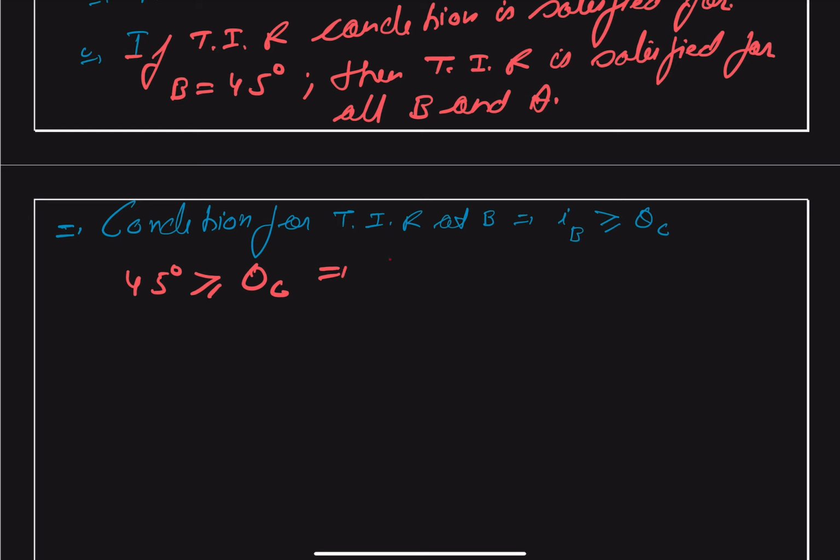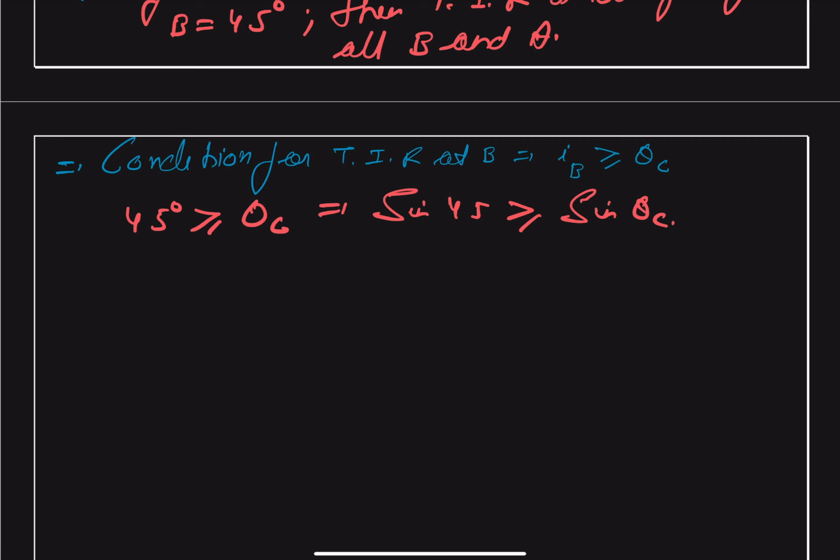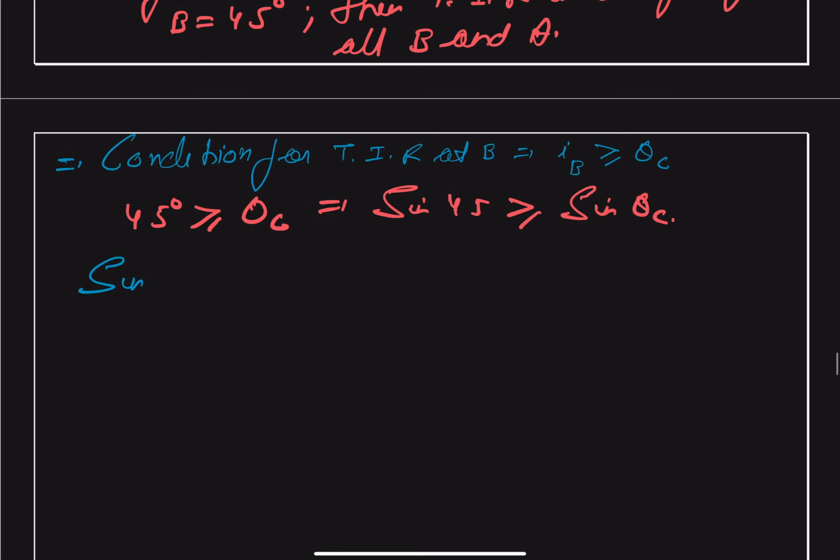And from here we can write sine of 45 degrees should be greater than or equal to sine of theta C. Sine of 45 is 1 by root 2, and sine of theta C is equal to 1 upon the refractive index.